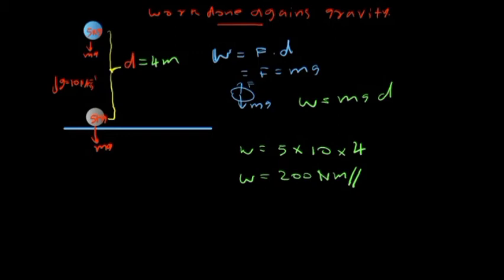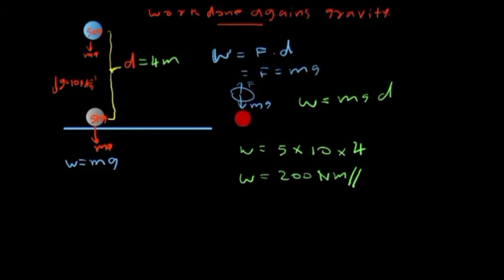Now you lift a mass of 5 kg up to a certain height d, where d equals 4 meters. You do work against gravity, because gravity pulls the object down; that is the weight. So the weight W equals mg. You do that against the weight. The work done is W equals F d from the basics, and F equals mg.